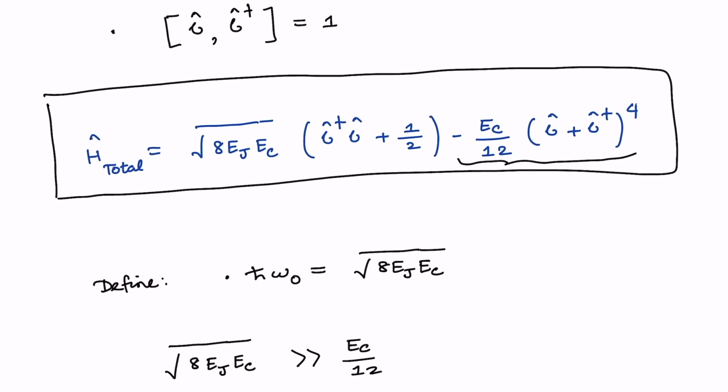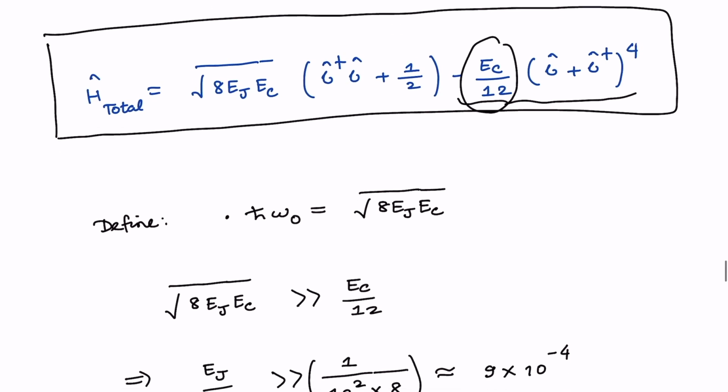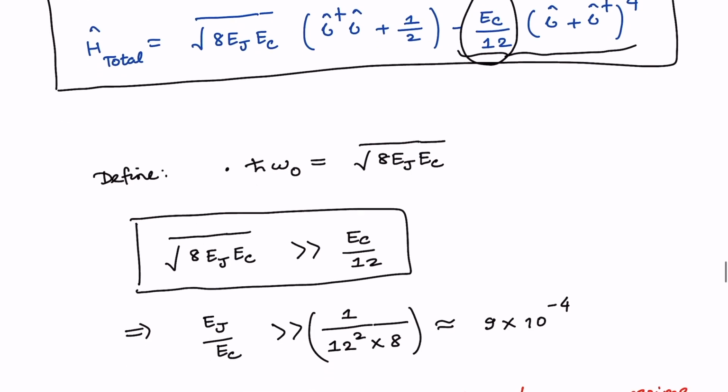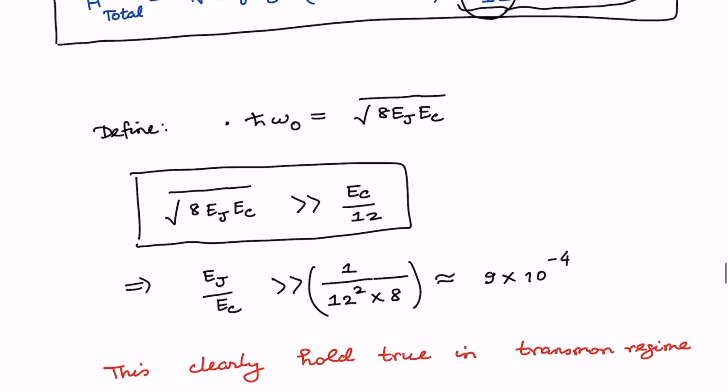The prefactor of the nonlinear term is EC by 12, as you can see from this expression, and this term is small compared to h cross omega 0 for a transmon. That means you have this condition, and from here you can get the ratio of EJ by EC.